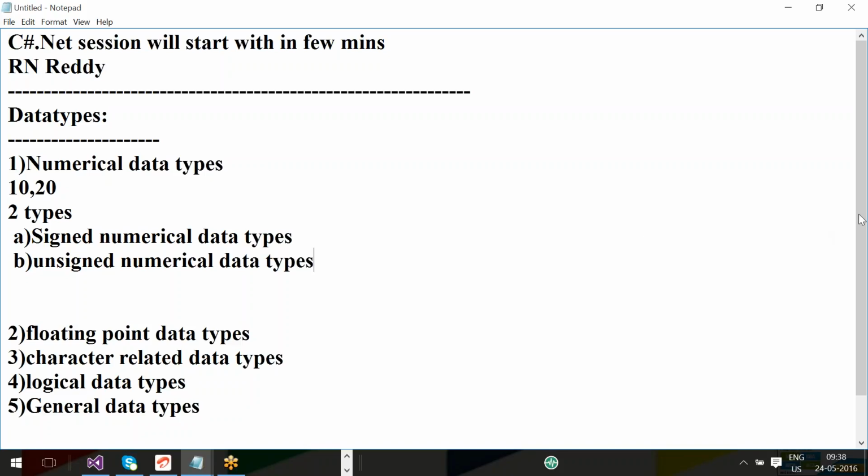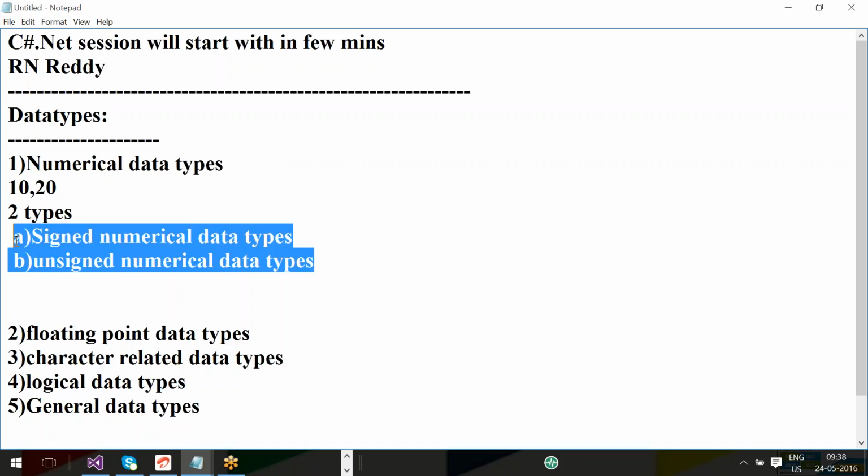Now, Shekhar, tell me, what is the difference between signed and unsigned? Signed numerical data types take positive and negative values. Tell me, unsigned numerical data types allow only positive values.